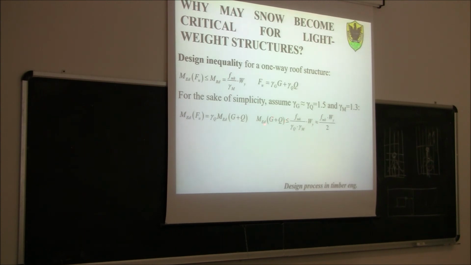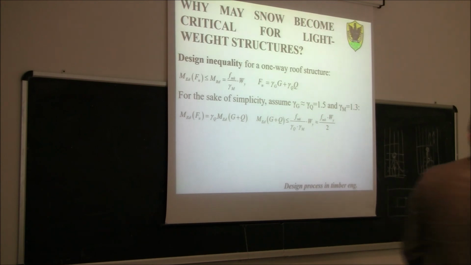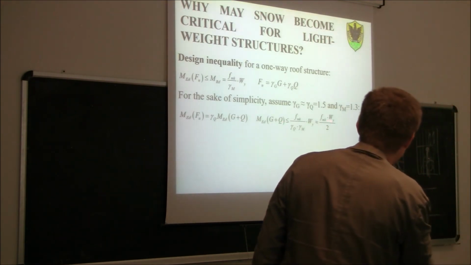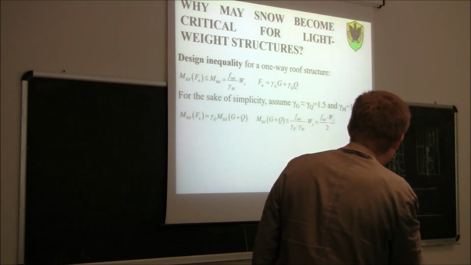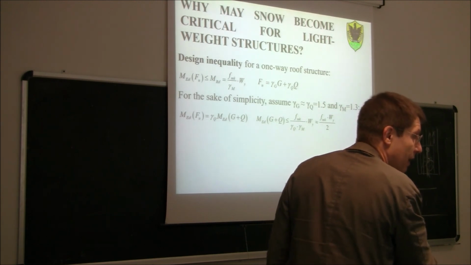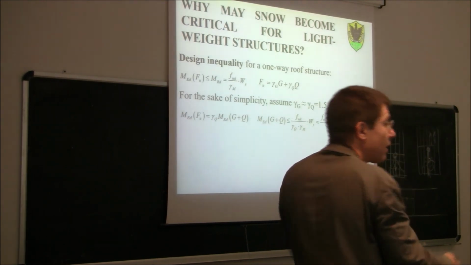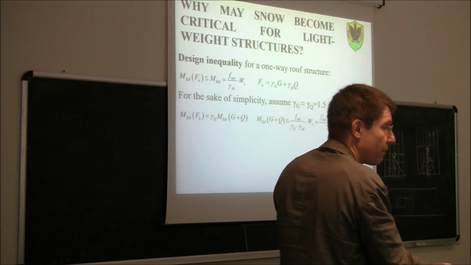Because under G plus Q, we have a capacity given by the actual capacity divided by 2. So FMK is the actual characteristic strength. Once you get to FMK, then you get a failure. But under G plus Q, you get only half of the characteristic strength. So you are far away from the first actual failure.